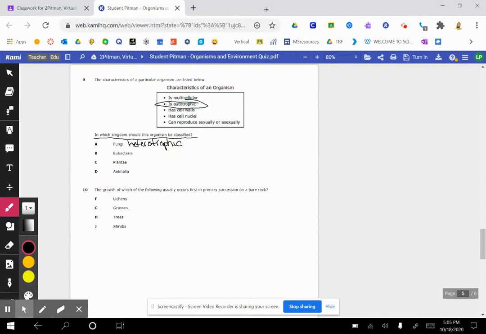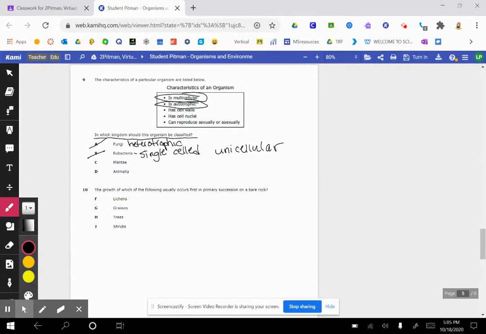So I'm going to mark that out. Okay. Eubacteria. What gets it wrong? Well, it's multicellular, and I know bacteria is single-celled or unicellular. So that's not going to work for me.